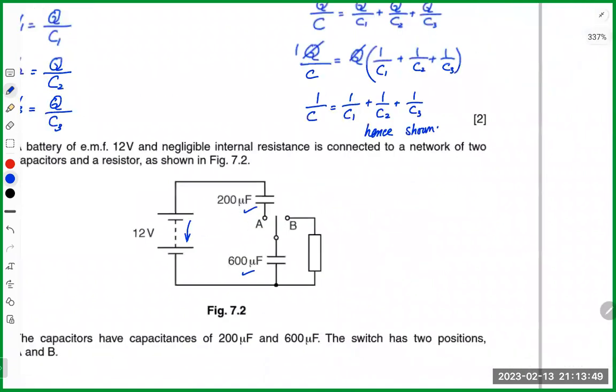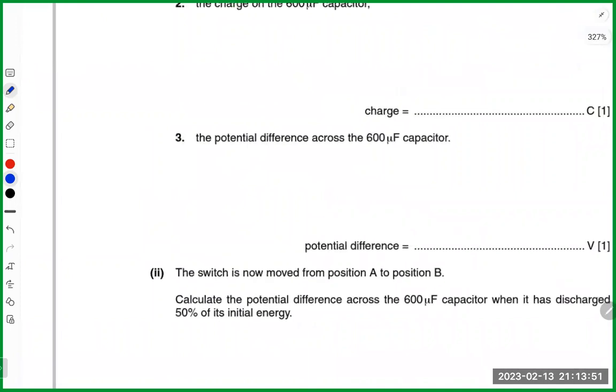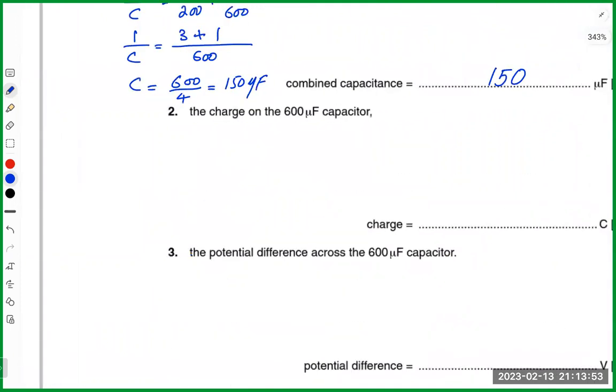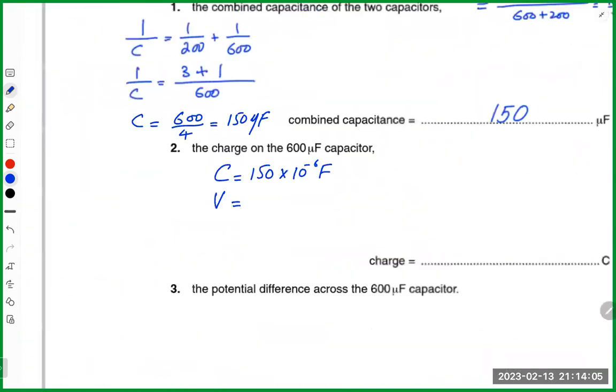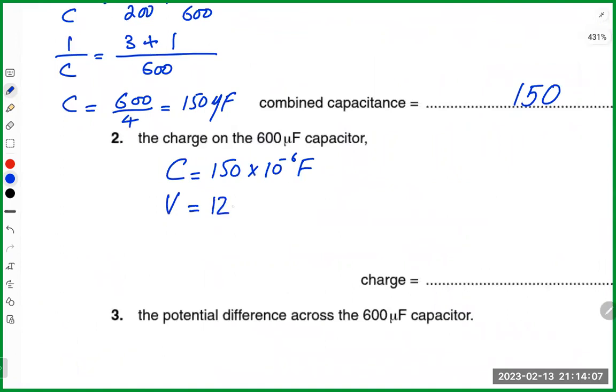So if the total capacitance is 150 microfarad and the potential difference of the battery is 12 volt, what will be the charge?